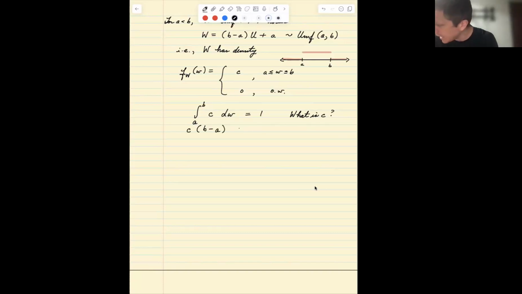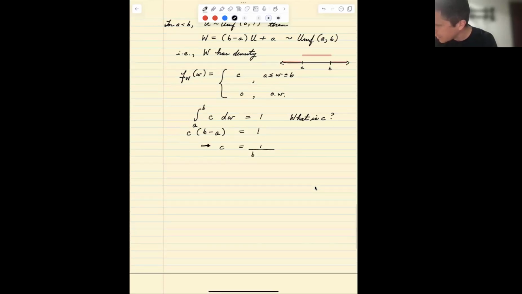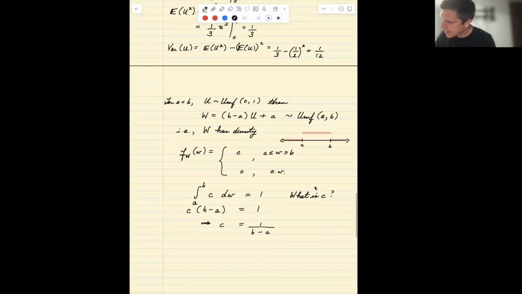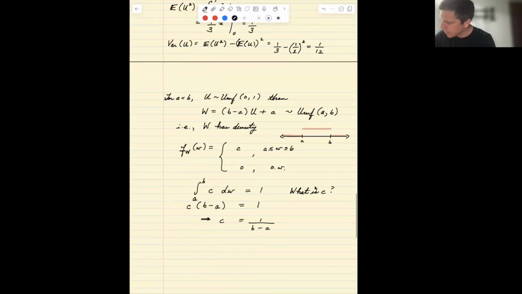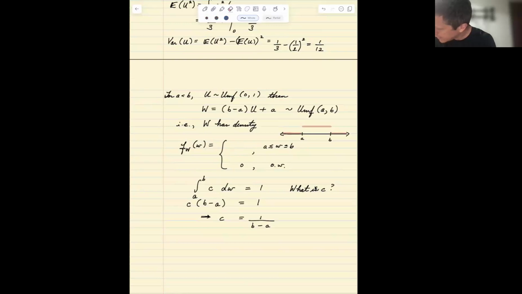That's equal to that integral, and that's equal to 1, which when we isolate C on one side, we're left with 1 over B minus A. So in general, the density for the uniform from A to B distribution is 1 over B minus A.